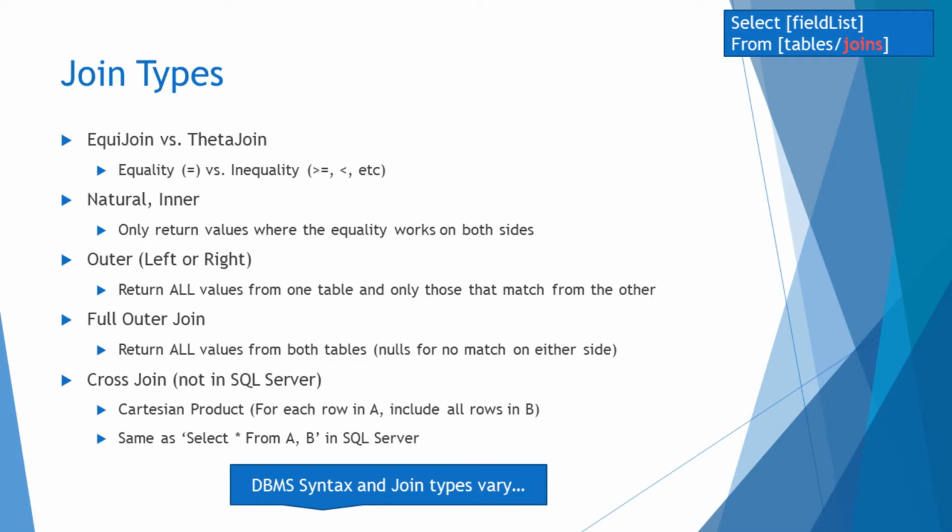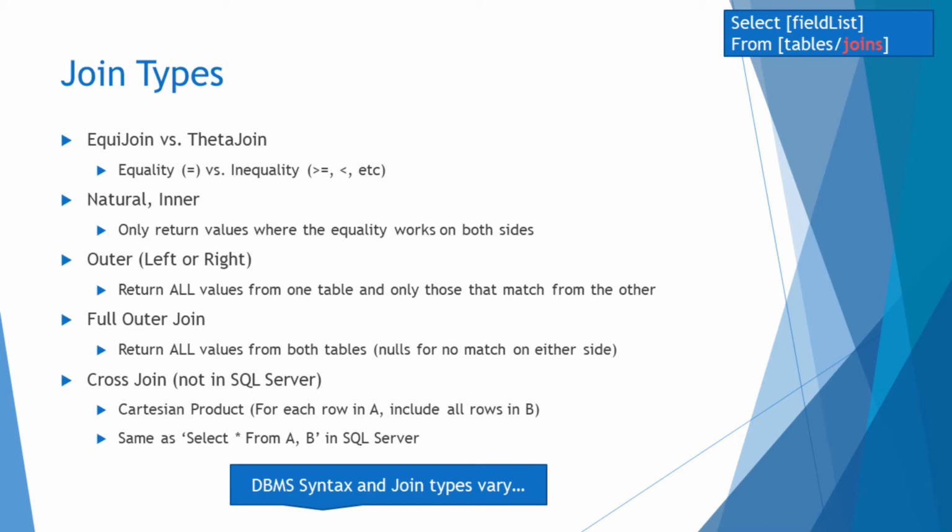We only include values where both of those things are equal, which means, if I said for all the student enrollments, and I wanted to compare students in enrollment, I wouldn't get any students who didn't enroll in any classes at this point because there is no enrollment record for them to match with. So this is a natural, or what we call an inner join. And sometimes we look at it as though it were a Venn diagram and we set all the records in table A and all the records in table B. This is only where those two records meet. So it's only where those equalities work on both sides.